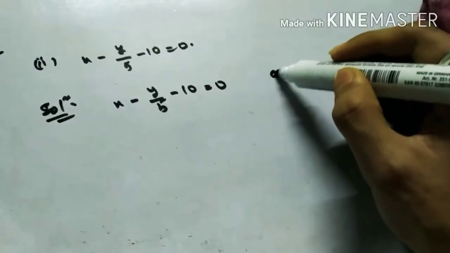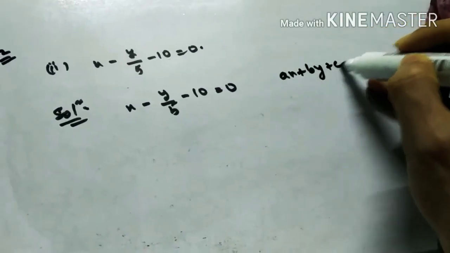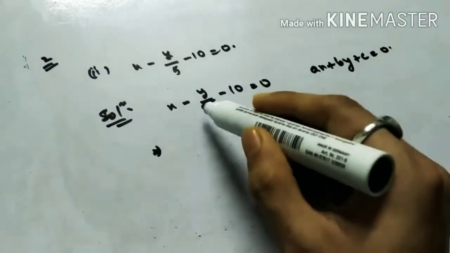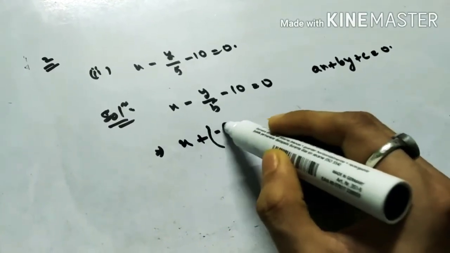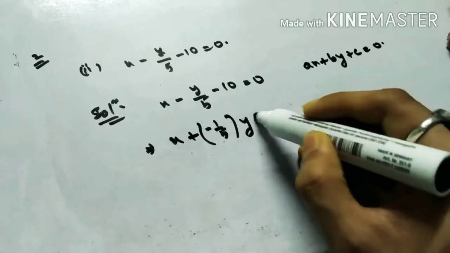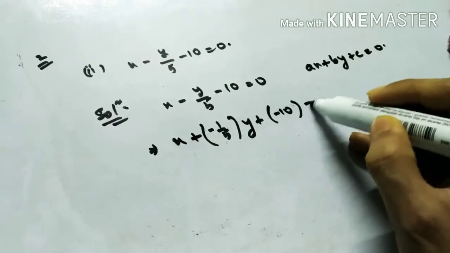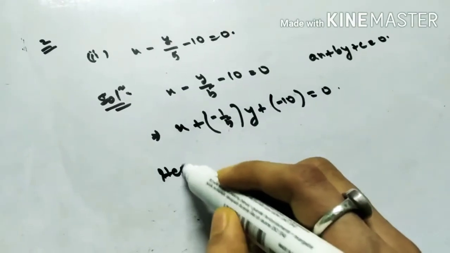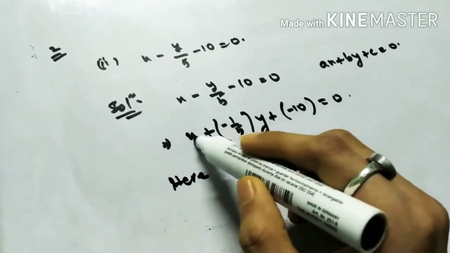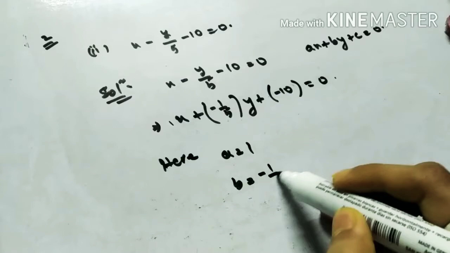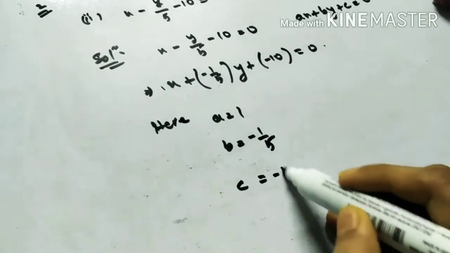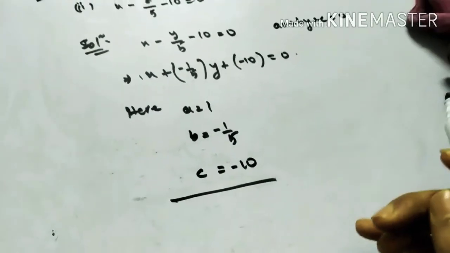If you want to write this equation in the form of ax plus by plus c is equal to 0, you can do one thing. You can write it in this way: x plus bracket minus 1 by 5 y plus bracket minus 10 is equal to 0. So here a is 1, b is equal to minus 1 by 5, and c is equal to minus 10. This is the answer.